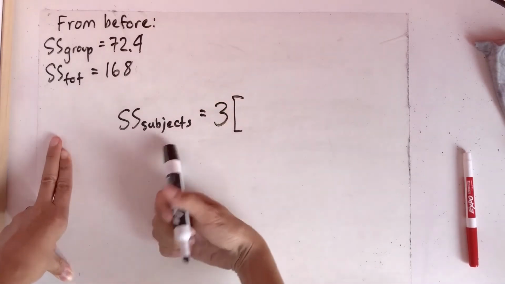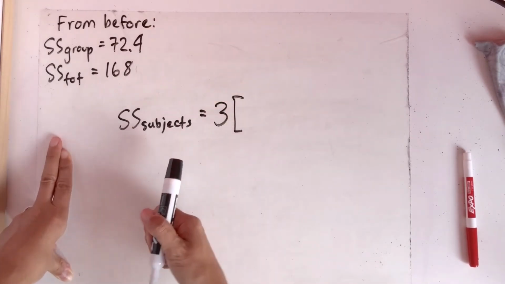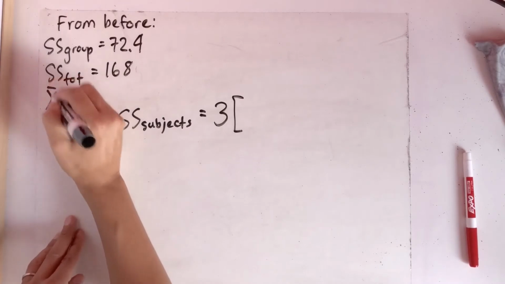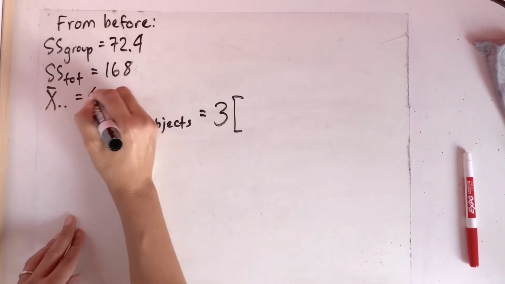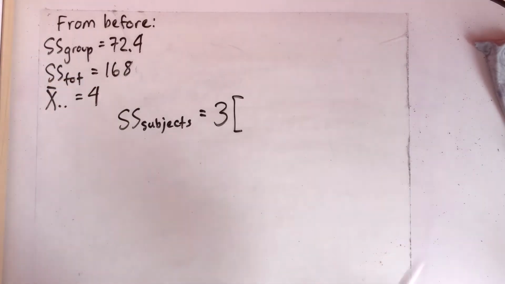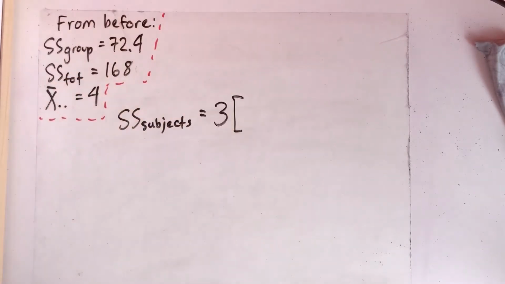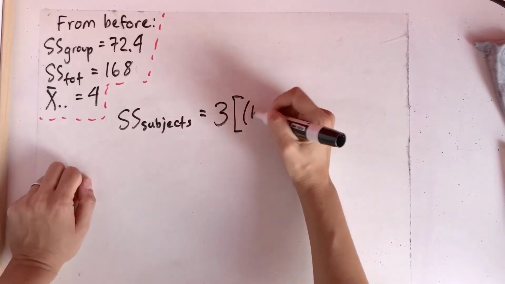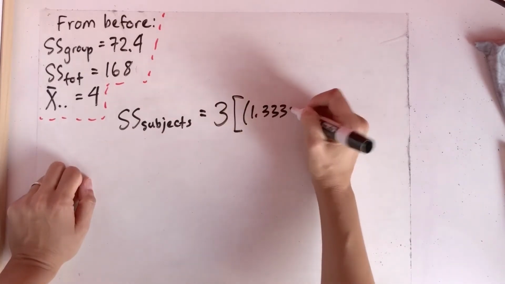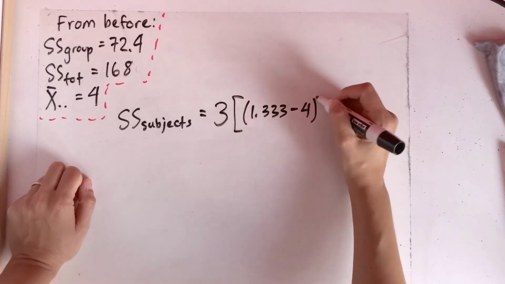And because we're comparing everything to the grand mean, it might help us to note that our grand mean, as it was before when we did our one-way between, is equal to 4 exactly. So first thing we're going to do is take the first subject mean, 1.333, subtract 4 and square that.